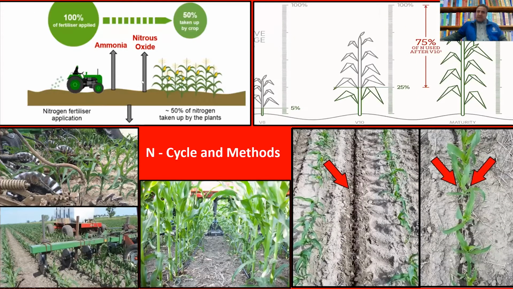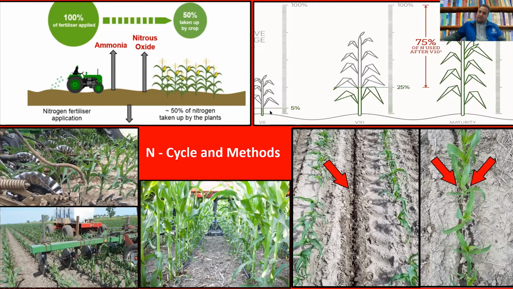In this slide, we want to talk about the R's: the right input, right amount, and right timing. This is just for nitrogen, for example. When we apply 100% of nitrogen, we have only 50% nitrogen use efficiency. And if we do it right, we may be able to improve this nitrogen use efficiency.